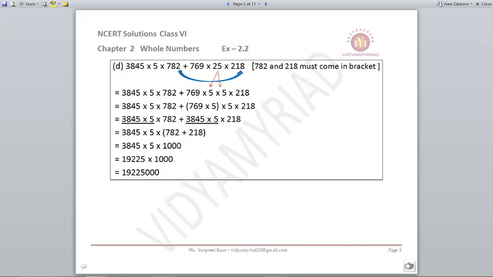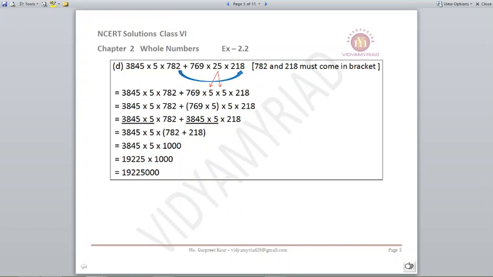So what is in both the places, first part and second part? I have 3845 and 5 as common. I can take it out as common, and inside the bracket, as I told earlier, it will be 782 plus 218, which is 1000. So you have to just multiply 3845 by 5 only.